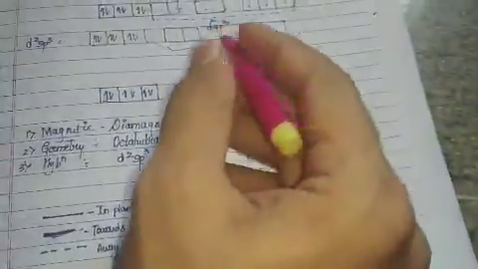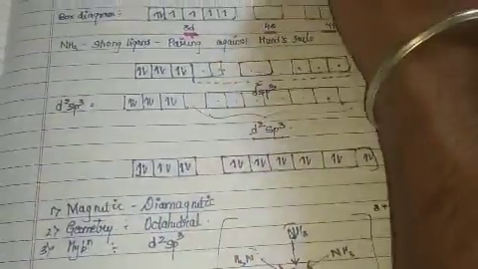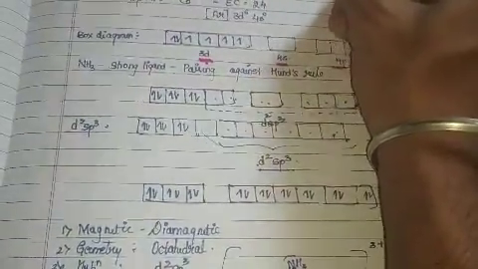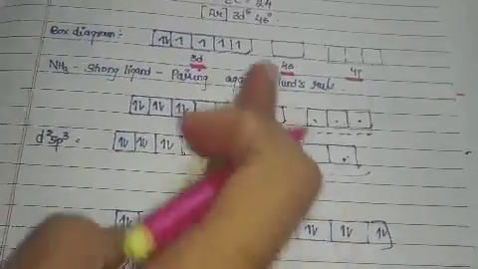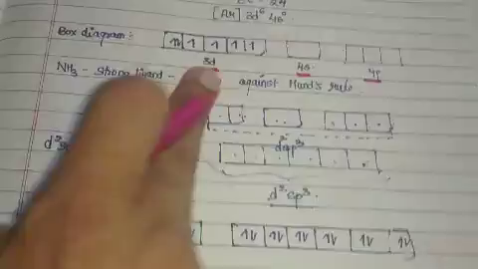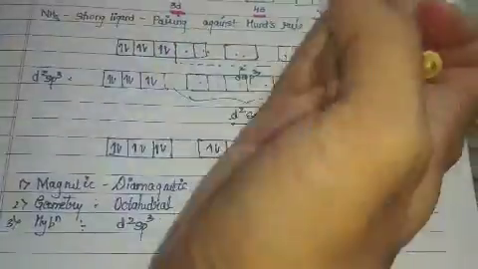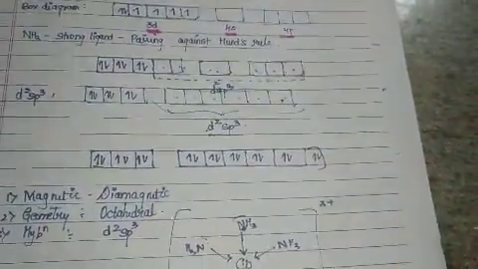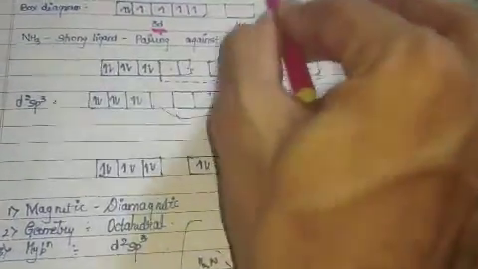In simple words, if I consider n equals 4, it has chosen the (n minus 1)d orbital, that is the inside d orbital, the 3d orbital. 4 is the n value, but it has taken an (n minus 1) 3d inner d orbital. So this type of complex will be called what? Inner orbital complexes. So [Co(NH3)6]3+ is an example of inner orbital complexes.